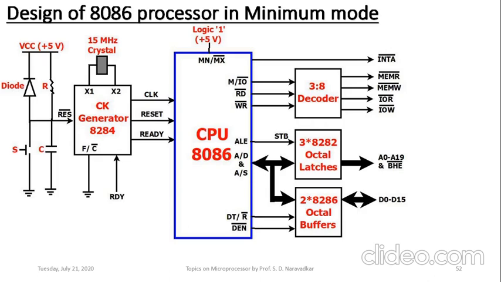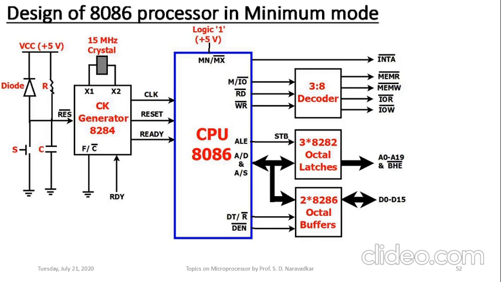And then below that there are 2 sets of 8286 data bus buffers, data bus transceivers, octal buffers. For these octal buffers, only the data bus section is given as input. At the output, we get the buffered 16-bit data bus D0 to D15.